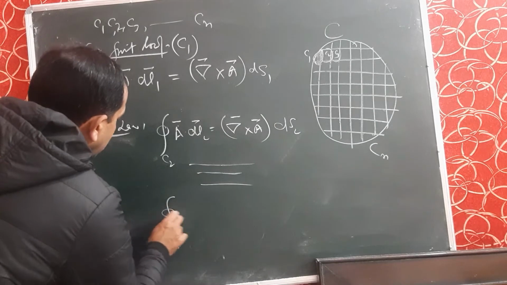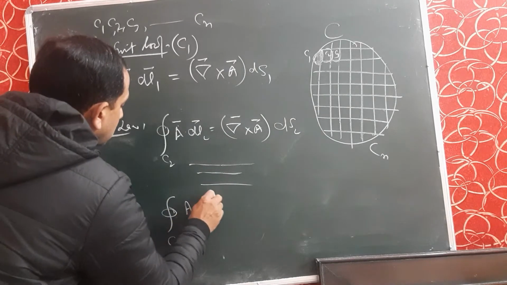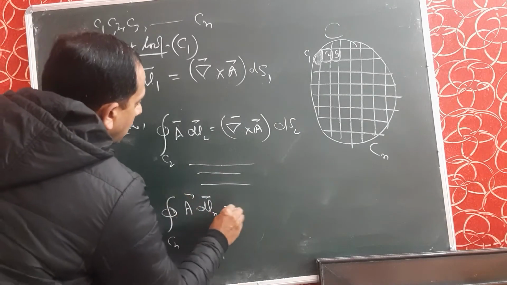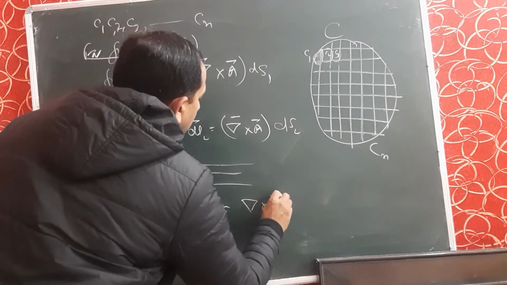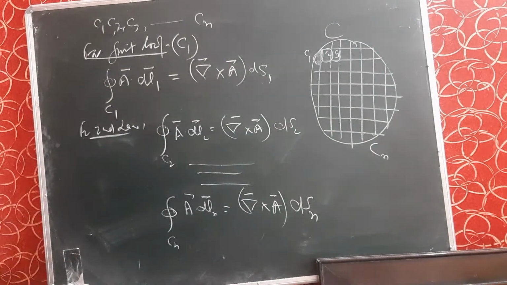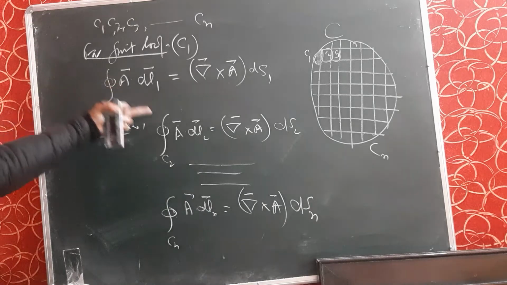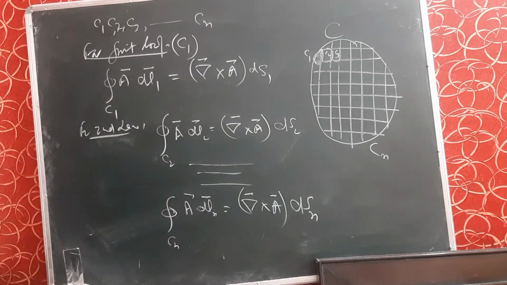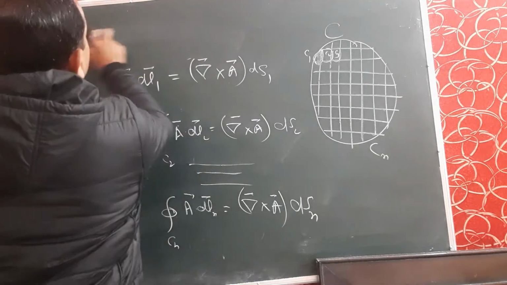This is Cn, and A dot dln is equal to del cross A into dsn. Okay. Now we will add all these equations, first, second, third, fourth, up to the nth equation.